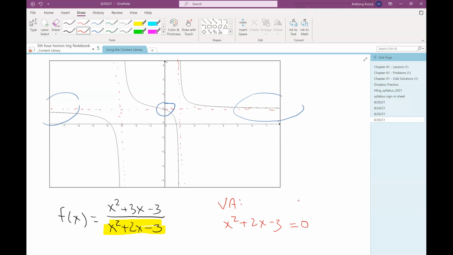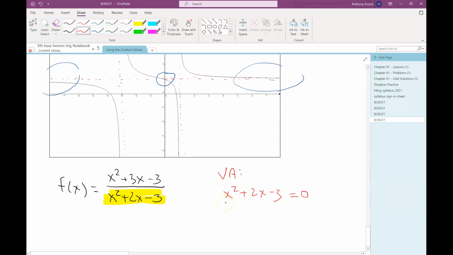But in this case it doesn't matter, because if you look at the numerator, that thing isn't going to factor, right? There's not two things that multiply to give you -3 and add to give you +3. So there's no reducing that can happen. So just in this case, denominator set equal to 0 is going to be fine. But in general, you want to at least make a cursory glance to see if there's any reducing you can do.